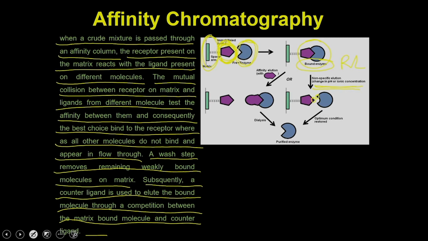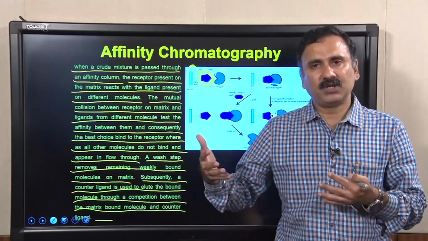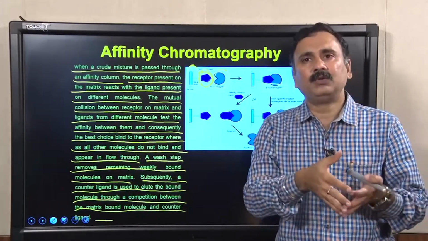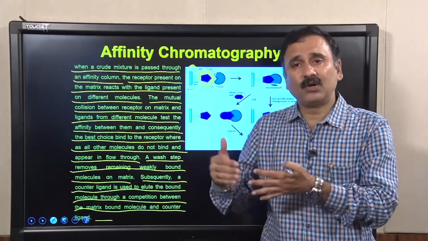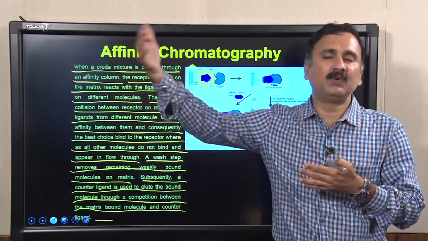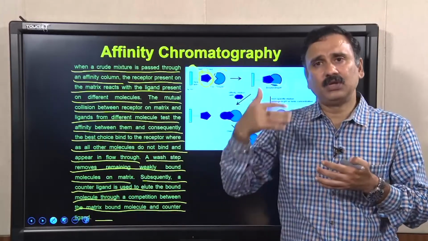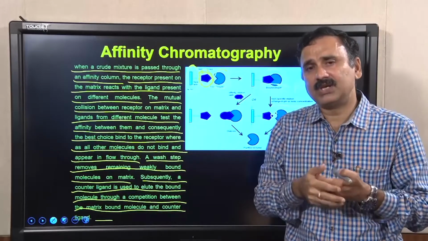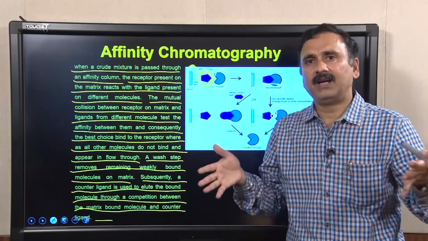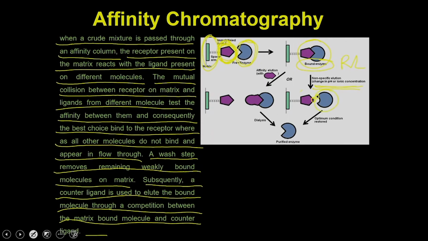If you change the pH, for example, you may bring an aspartate from the ionized form into the non-ionized, neutral form, and because of that the aspartate may not be able to interact with the other residues present on the ligand. As a result it has a weaker interaction, and ultimately it may break the complex apart, and that is how you can elute the enzyme from the matrix-bound ligand.